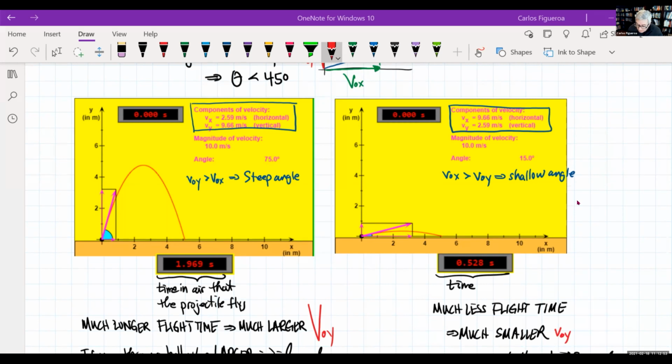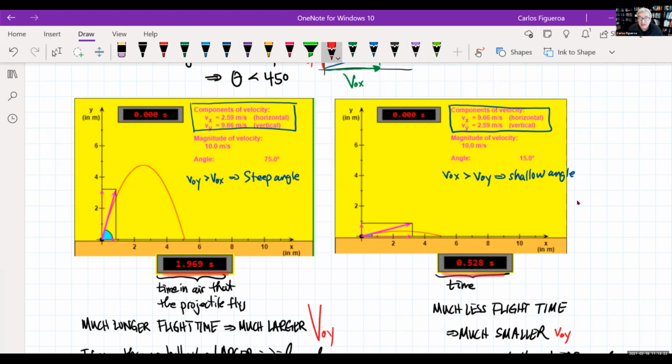So what you're seeing here is that when we shot it, there was more time in the air for the steep shot, and it goes higher. Whereas if I look at the one that's less than 45 degrees, the shallow shot, you could see that it spends less time in the air and it goes less high.